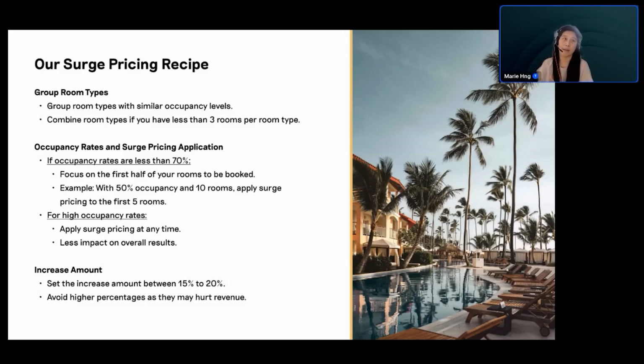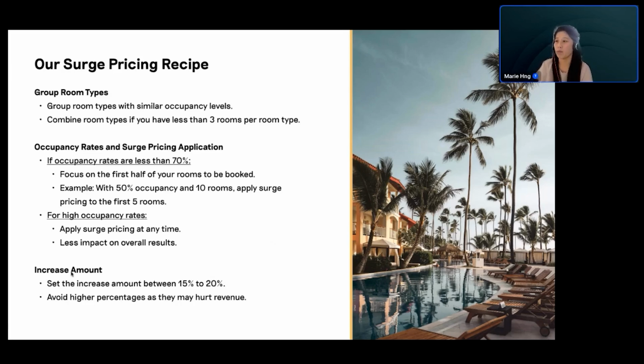So that means I might apply a rule when there are 8 rooms remaining and then 6 rooms remaining, and I probably won't increase any more after that. All right. Now, if you've got high occupancy rates over 70%, then it really doesn't matter. It's up to you. You have a little bit more free reign as to when you want to apply surge pricing. Okay.